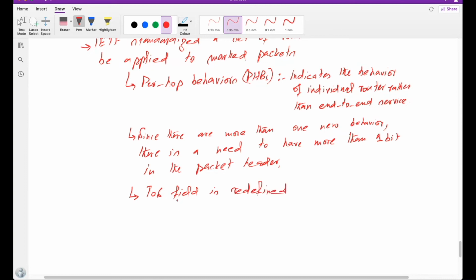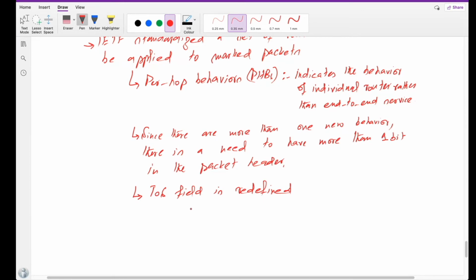And how is it redefined? Now, 6 bits of this byte have been allocated for the differentiated services or DiffServ code point, DSCP.